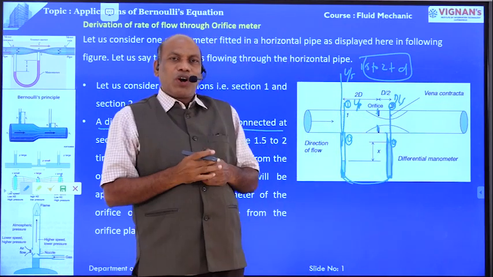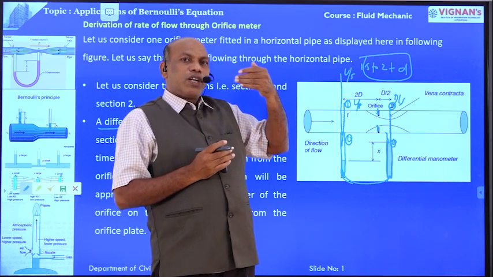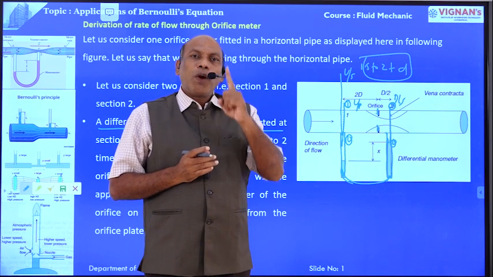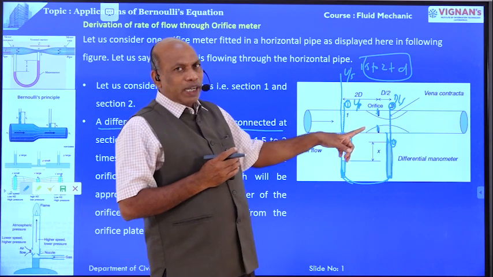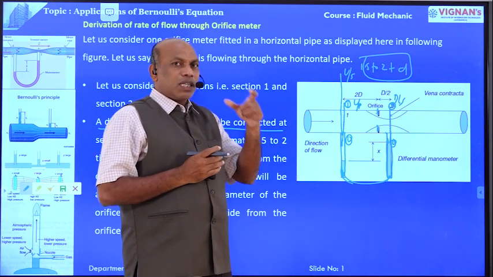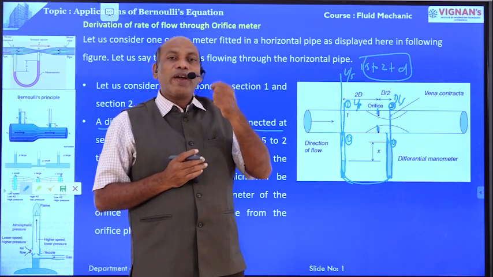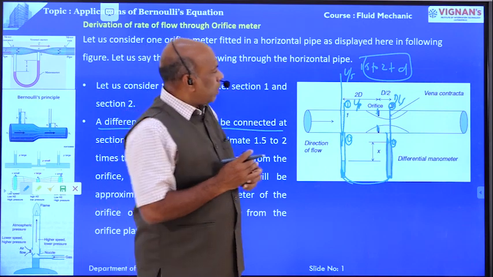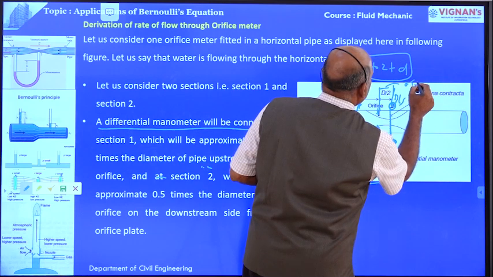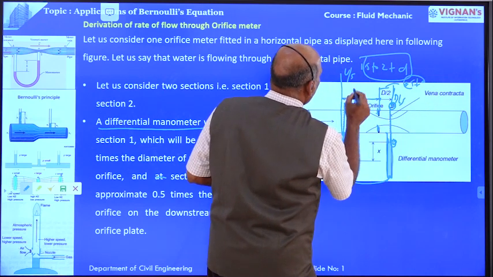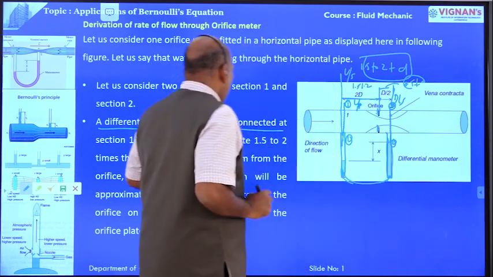The distance between the orifice and the differential manometer on the upstream side of the orifice is 1.5 to 2 times the diameter of the pipe. Whereas the distance between section 2 and the orifice is 0.5 times the diameter of the pipe.